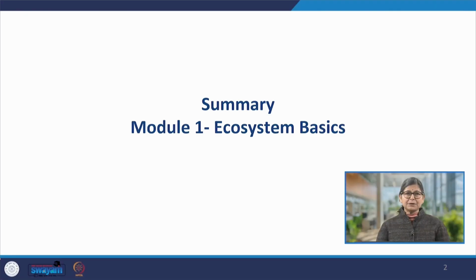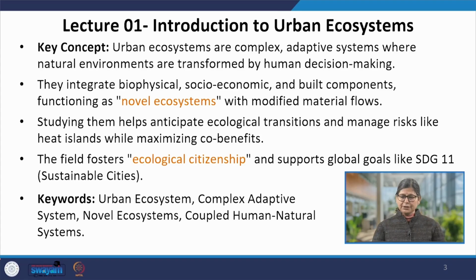So let us start with the module 1 summary, which was our very starting point of this urban ecosystem course, that is the ecosystem basics. Introduction to urban ecosystem was our first lecture. The key concept which we discussed here is that urban ecosystems are complex, adaptive systems where natural environments are transformed by human decision making.